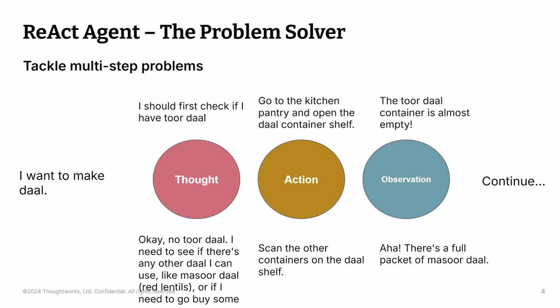Or if you want to order from Blinkit, the action would be to open the phone and place an order, and the observation is that yes, the order is successful, and then maybe the thought is, okay, I need to wait for 10 more minutes. Right? That's what you would do.